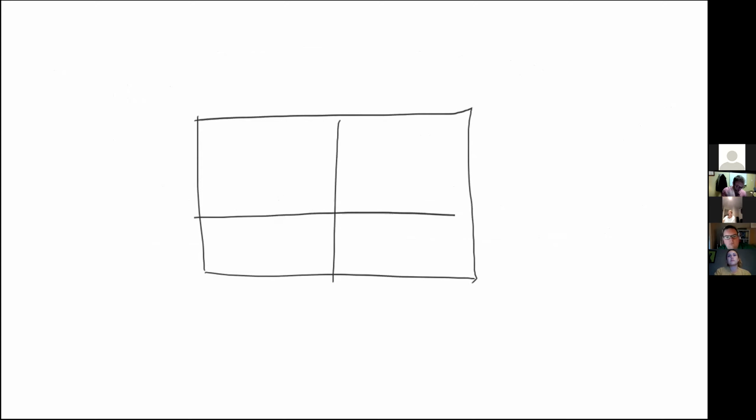Let's say you had a simultaneous game, and you're stuck in this bad outcome, like a prisoner's dilemma type situation, and this is the good outcome. How can you solve this? Because we've said moving diagonally is hard.